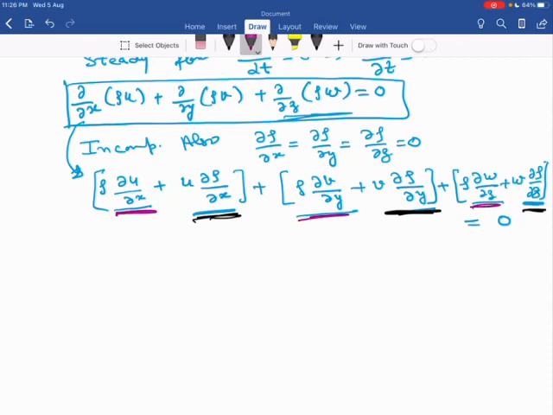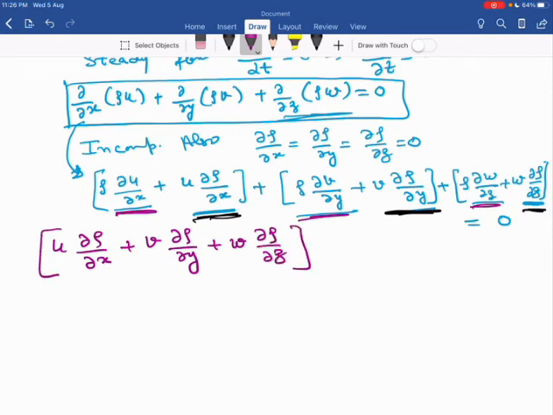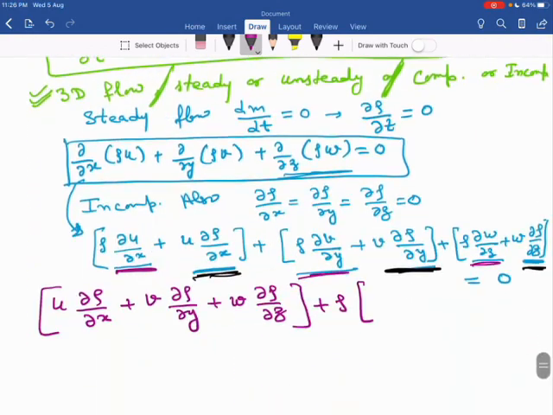So now I can write, velocity term first, u ∂ρ/∂x plus v ∂ρ/∂y plus w ∂ρ/∂z, plus ρ outside, within bracket you have ∂u/∂x plus ∂v/∂y plus ∂w/∂z equal to 0.